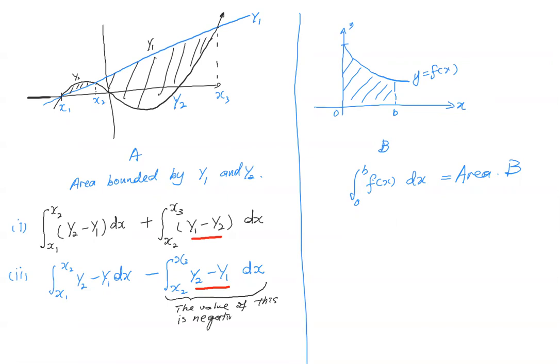Why negative? Because I use the bottom curve minus the top curve. So negative times negative gives me back positive, so I put a minus there. Is there anything wrong? No.